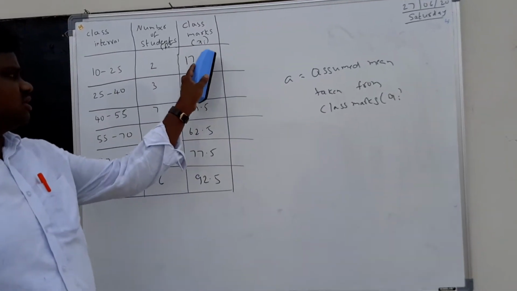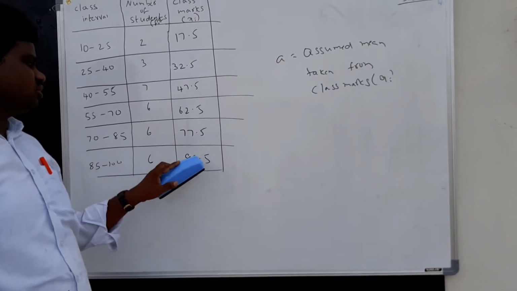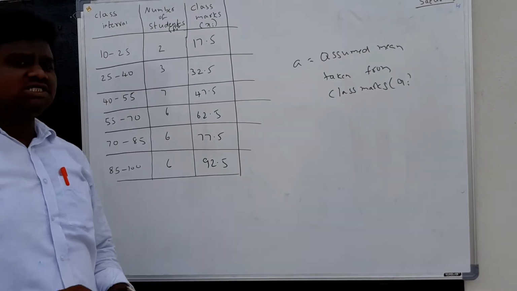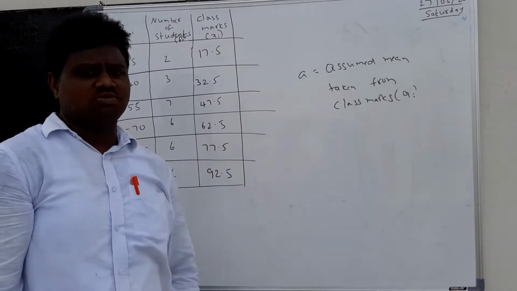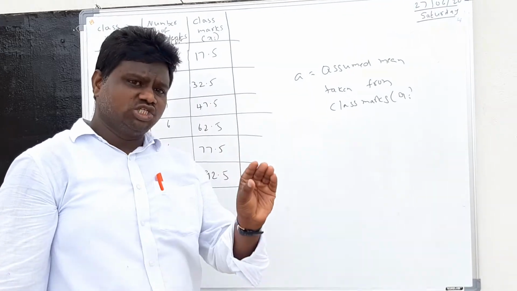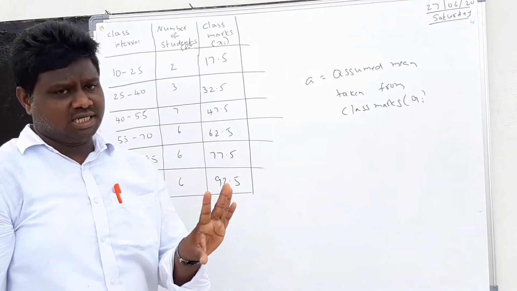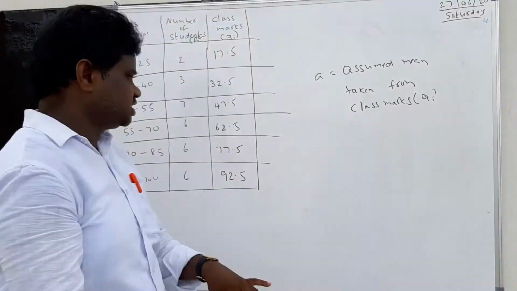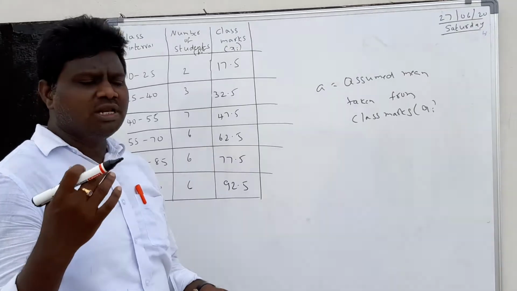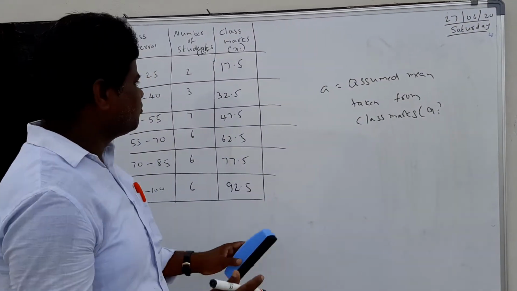These are class marks: 17.5, 32.5, 47.5, 62.5, 77.5, 92.5. The assumed mean can be any value from these class marks. But for convenience of calculation, the assumed mean will be located in the middle value of the class marks.